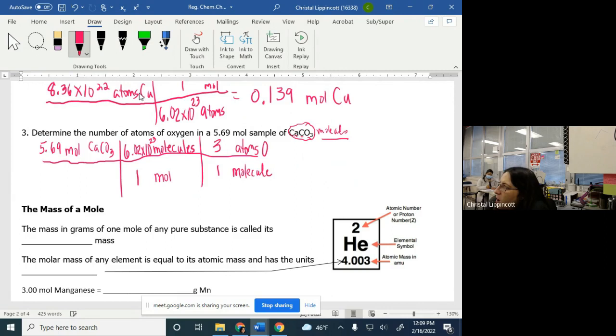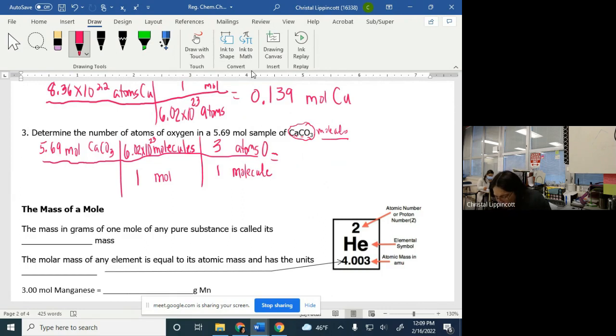Just like for every car, I have 4 tires. That makes sense? So now when we multiply this across, we're going to have to multiply all 3 of these things to get our answer. Well, you're dividing by 1, but I think you can probably do that in your head.